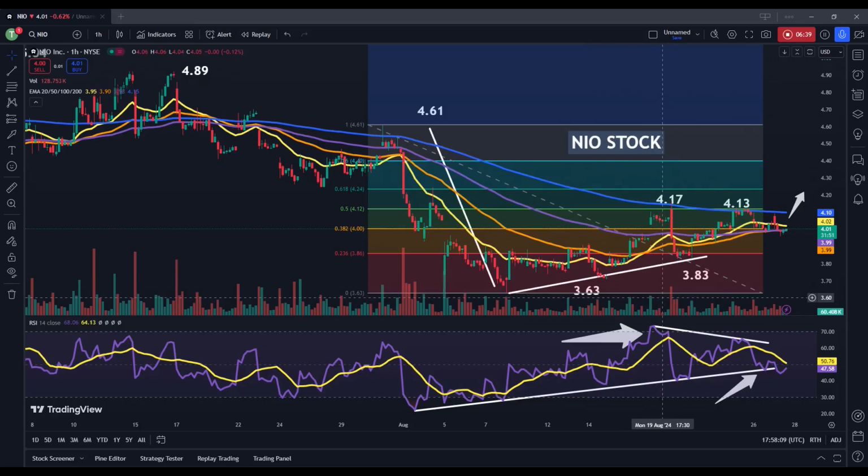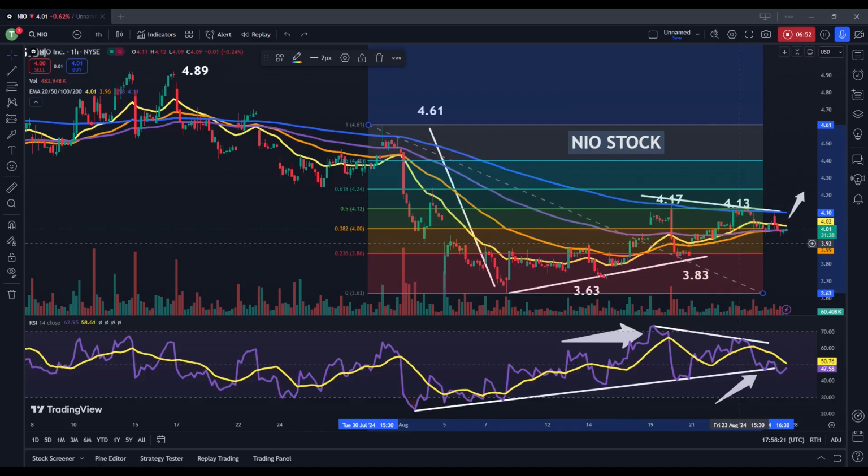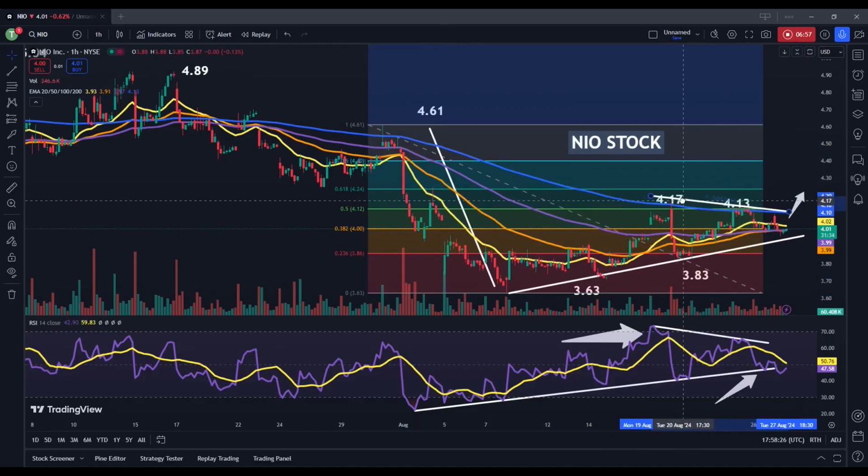So essentially, the distance here is 5 times the size of the lower high that is being tested here. So you could say that we have a bit of a symmetrical triangle pattern that's forming here. But overall, the trend developments that are being seen to the downside do appear to be a bit more powerful than the trend developments that are appearing from the top side in the negative direction.